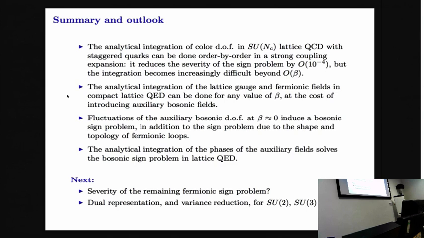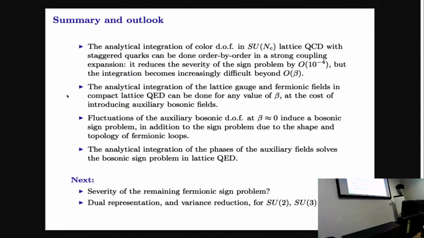But in order to go beyond, we want to integrate for arbitrary values of beta that can get us closer to the continuum limit, and we try to do this in QED by replacing the gauge degrees of freedom with some absolute variables. But the fluctuations of these variables introduce an additional sign problem that we have to get rid of, which we did by integrating over their phases.